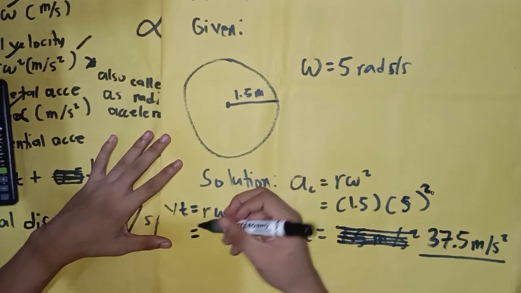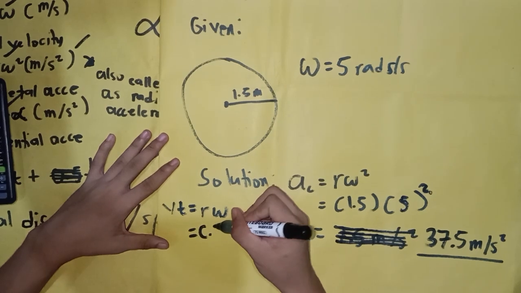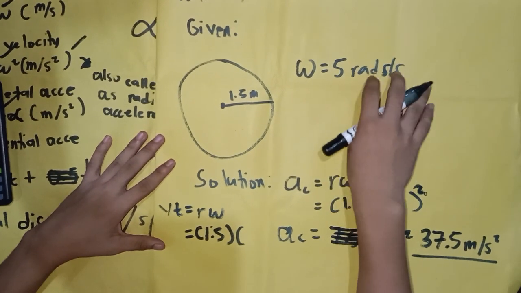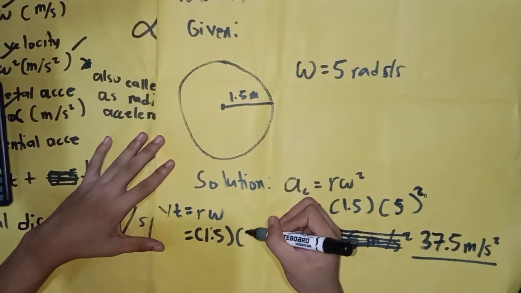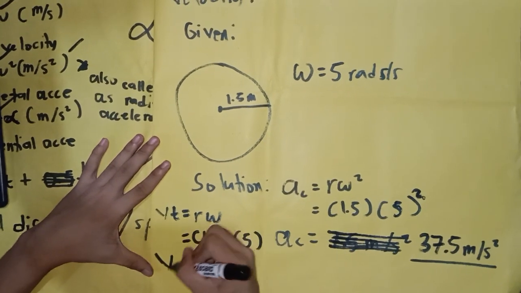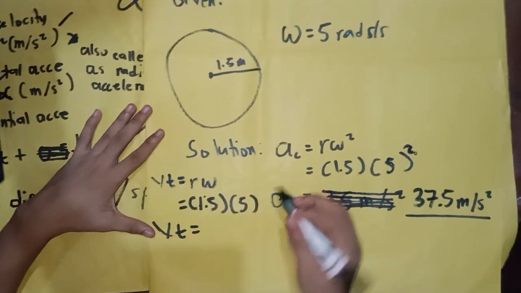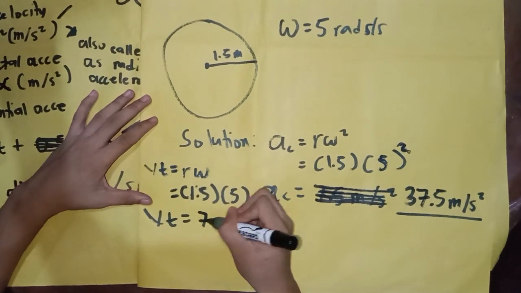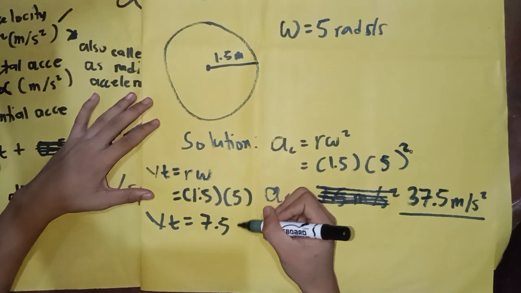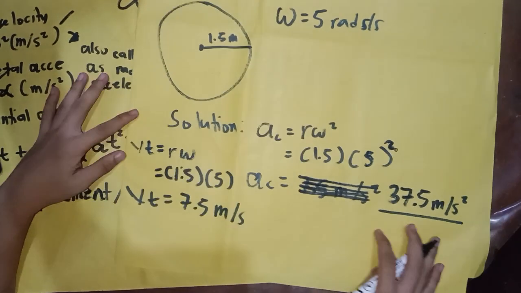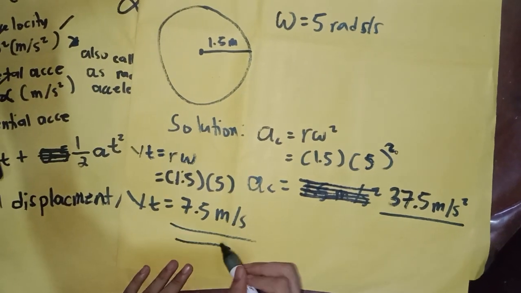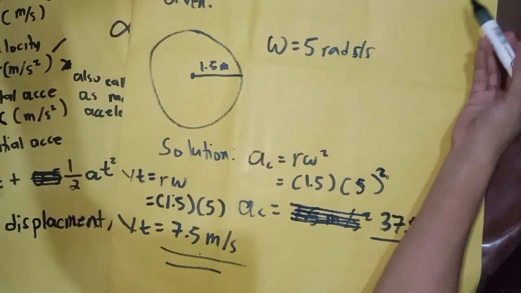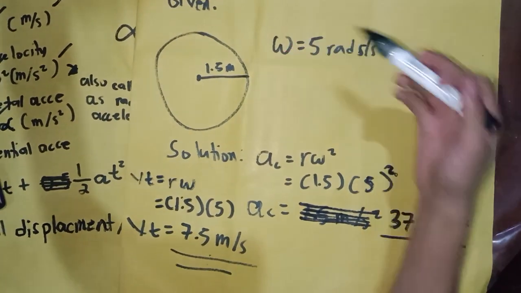Our radius is 1.5, so let's substitute the given: 1.5 times our angular velocity 5. So 1.5 times 5 is equal to 7.5 meters per second. This is our answer: this is for the radial acceleration, and this is for the particle's tangential velocity.